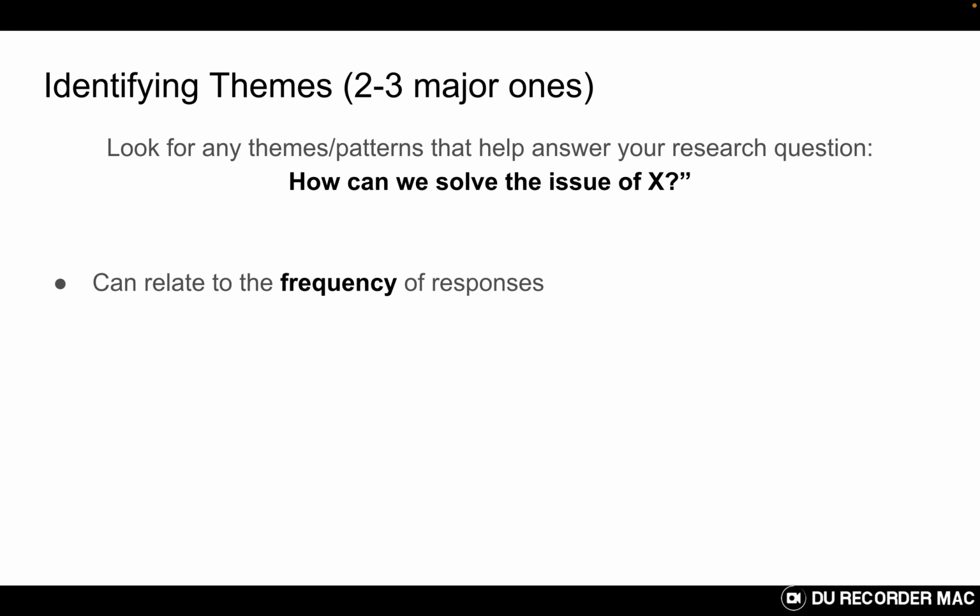So this can relate to the frequency of responses, and often it does. You'll look at the data and the results that you've got, and it seems like overwhelmingly all of the respondents keep saying this one thing. This probably is a major theme for us. If they're all thinking or feeling a similar way, that's a good indicator that that's a huge part of the problem that needs to be reported back.